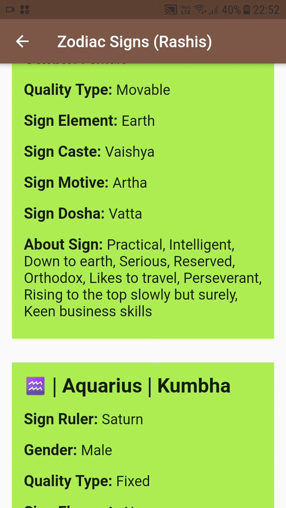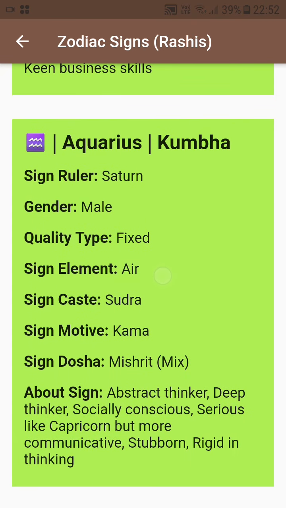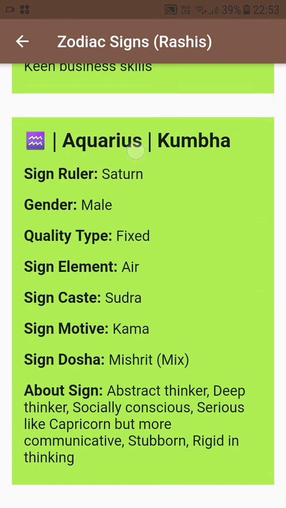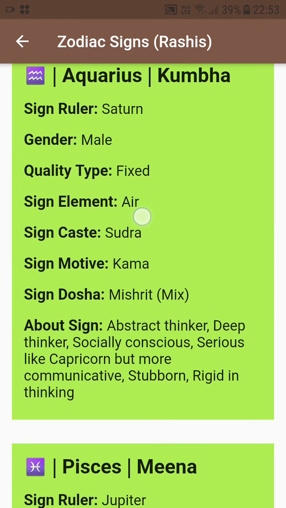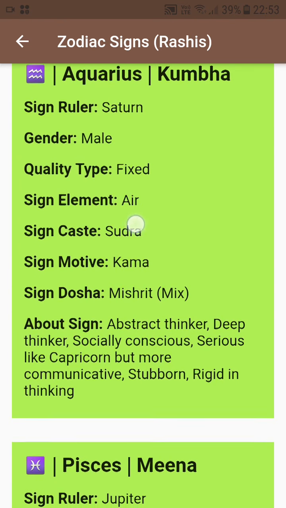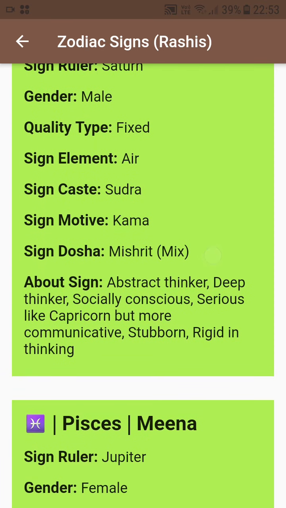Okay, so the next Rashi, this was Earth, and the next Rashi ruled by Saturn is going to be air. Saturn, male Rashi, quality is fixed air sign. Sudra by caste, motive is Kama, Mishrit dosha.